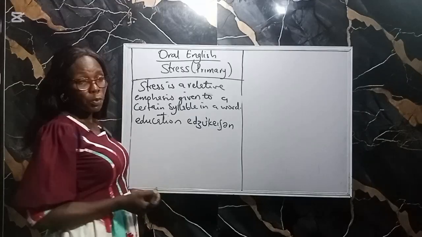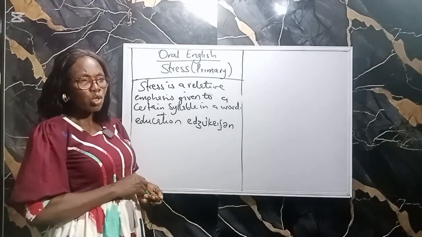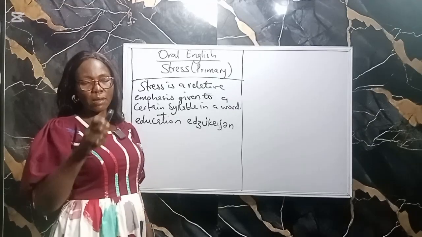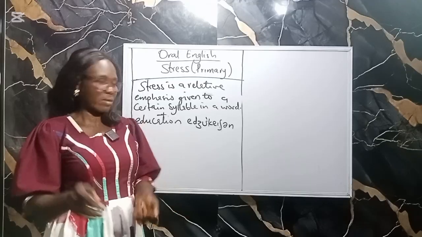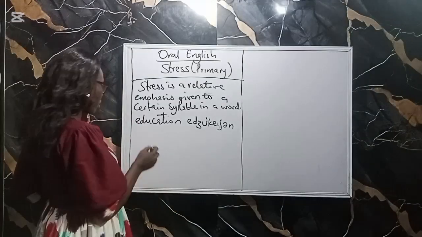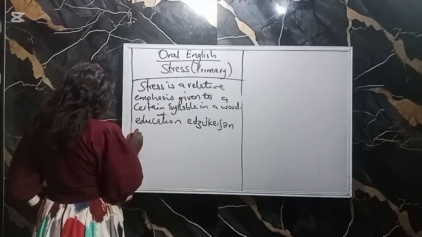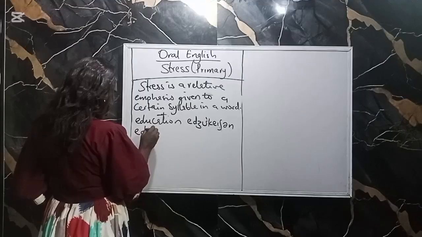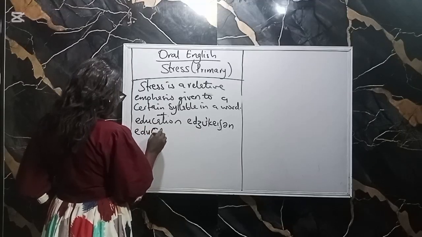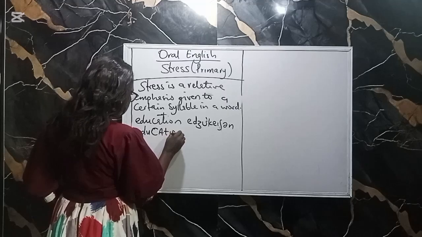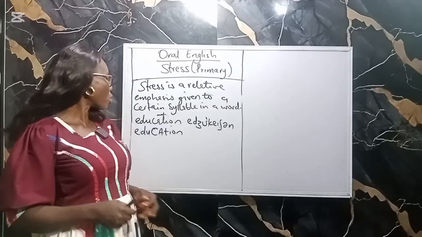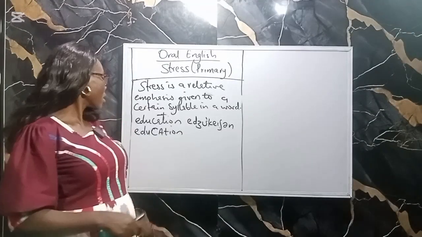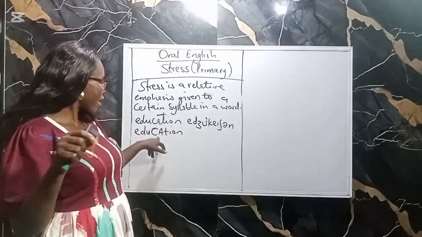Now, for the purpose of this lesson, we are going to use capital letters to show the particular syllable that we want to stress. Okay, so in that case, we'll write this like this: eduKAtion. Okay, so from this we can see that the stress is on K.